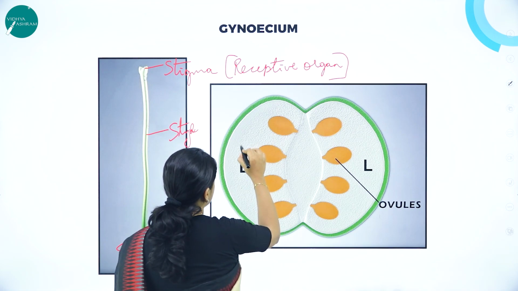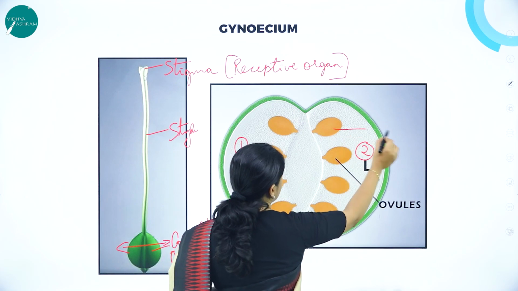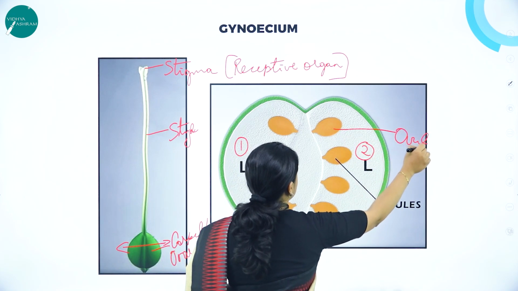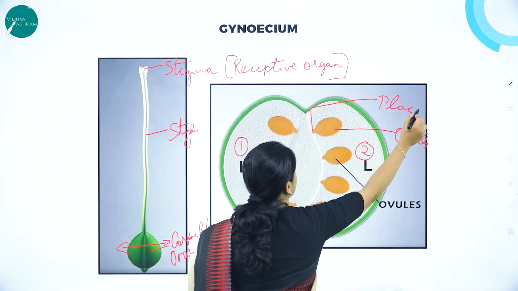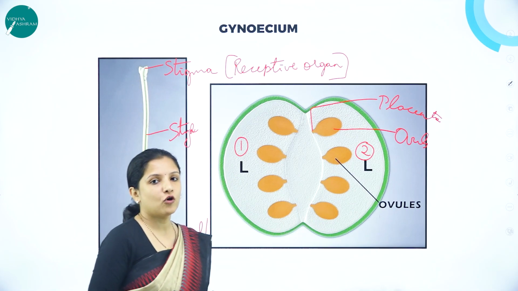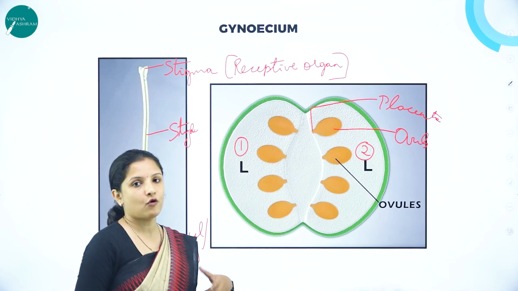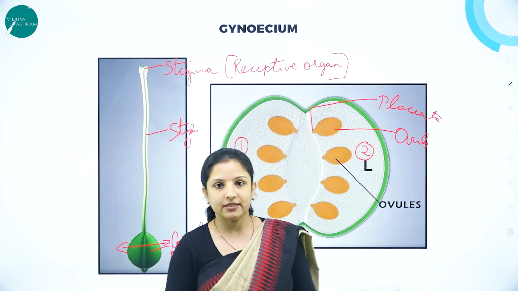This is one locule, second locule, wherein it has ovules. These are the ovules, and this is the placenta. The ovules are connected to the ovary through a placenta. And always remember, the ovules will form the seeds and the ovary will form the fruit. That we will study later. So this is about the gynoecium.